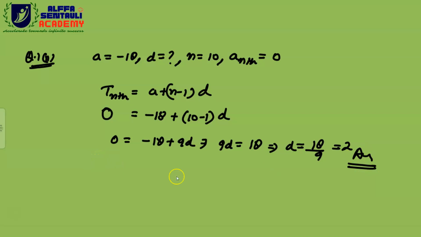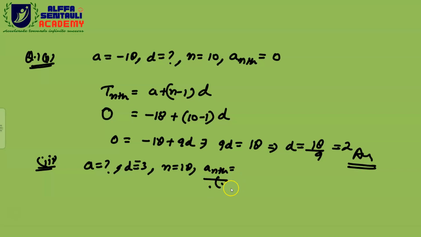Understood, beta? Then solve question number 3 on your own. How will you solve this, beta? See, the value of a is missing. The rest is given, you need to substitute and get the value. The last term, a nth or T nth, both are the same thing.